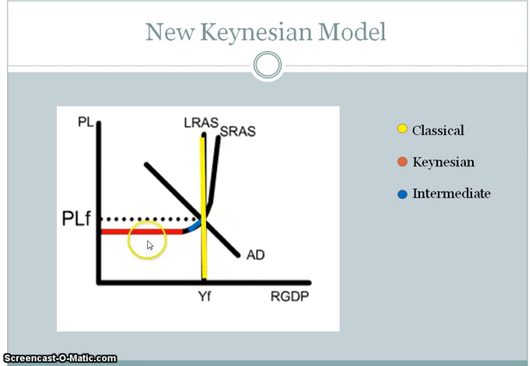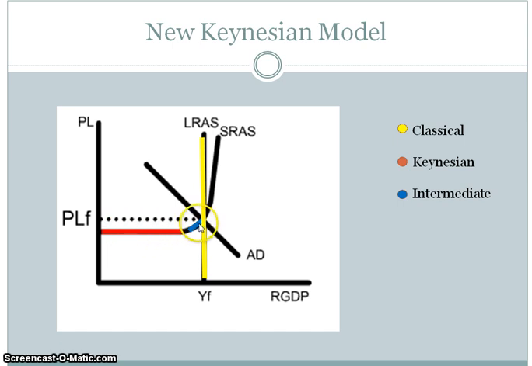But what we're going to do in class is combine both the Keynesian and the classical models. So you are expected to have your downward sloping aggregate demand curve, and then for your short run aggregate supply, you will show the sticky prices and wages of the Keynesian model.